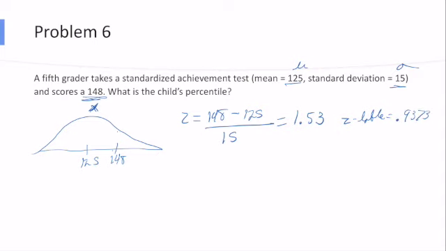So the area less than 148 over here is 0.9373. So that would be about 94% of students score less than 148. So the 94th percentile. See, I just converted this to a percentage and rounded.